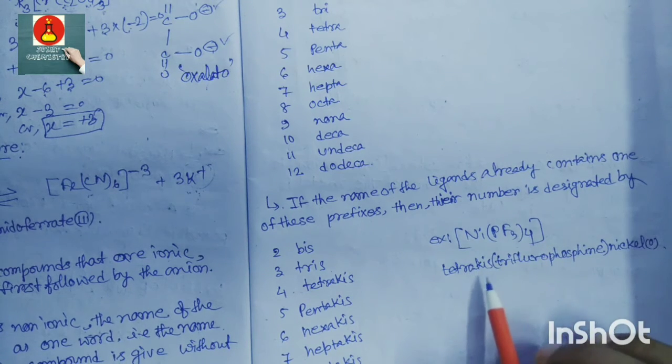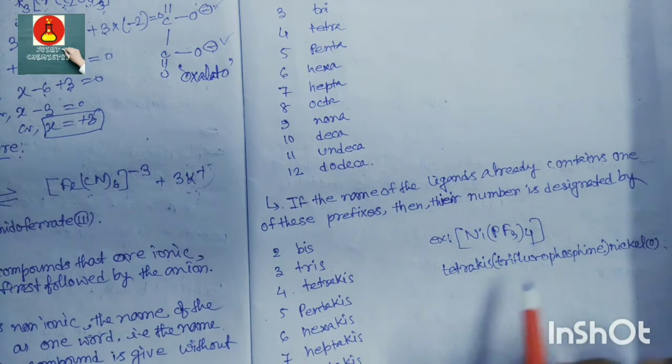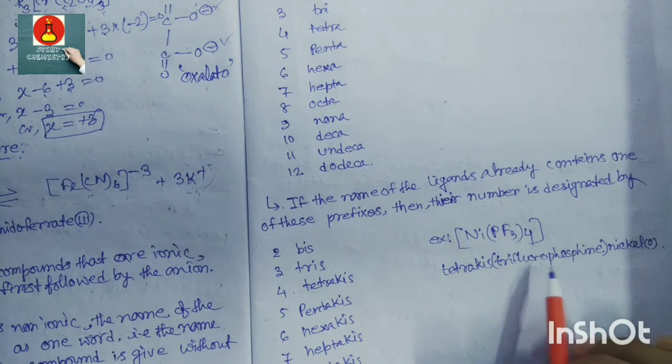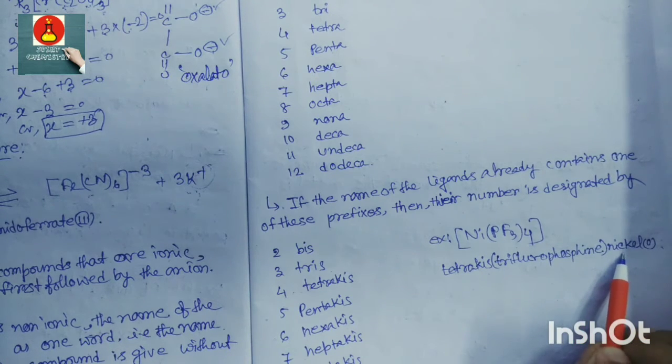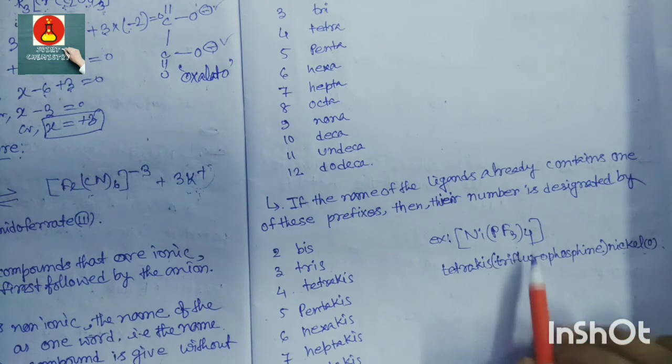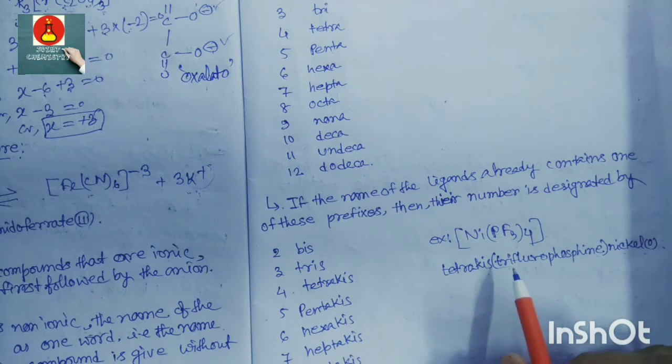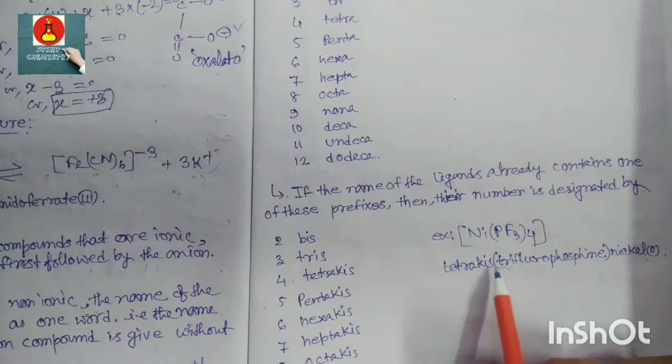For this complex the name is tetrakis trifluorophosphine nickel 0. Now as you can see, this trifluorophosphine already contains this prefix tri, so we cannot use this tri prefix again.